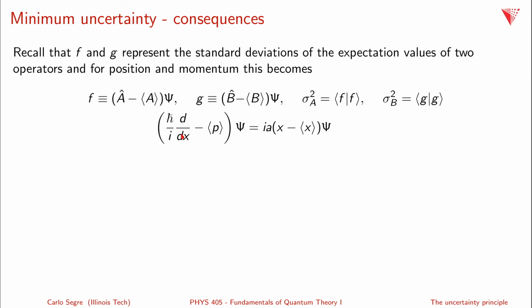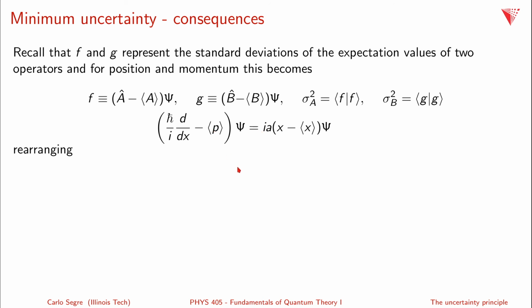h bar over i d by dx minus the expectation value of p, applied to psi, is got to be equal to iA times x minus the expectation value of x, applied to psi, because as we saw before, g equals iA times f. So this is g, which is the b operator, and this is f, and you multiply times iA to get this equality.